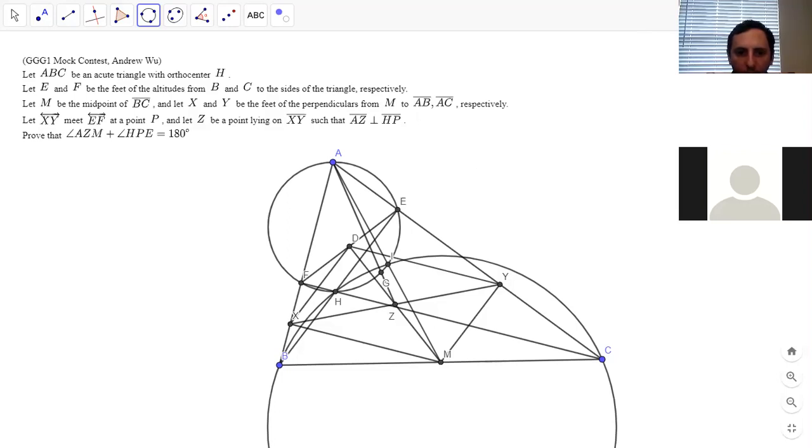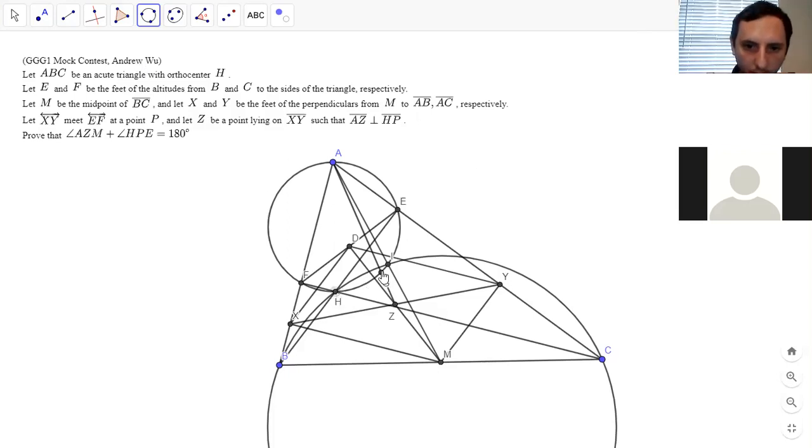We use the Sargs. So we want to show FHX and EGY are perspective. Can I let HGZ cut XY at a point?